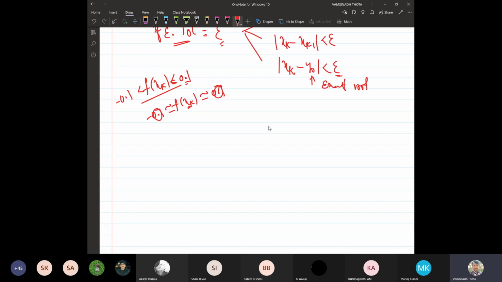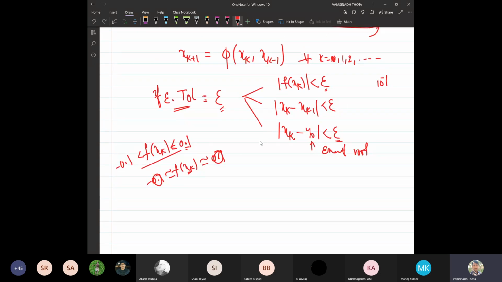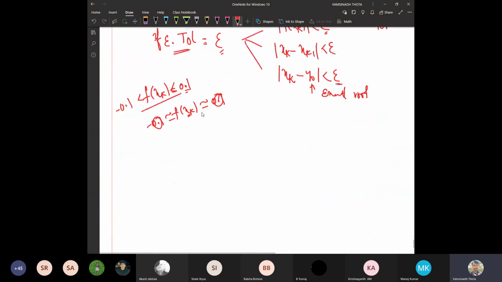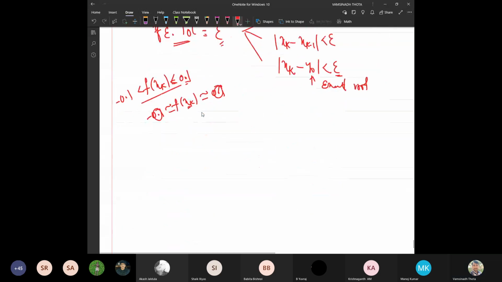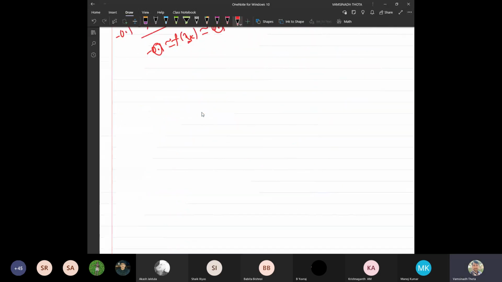But suppose it converges, it will converge faster than the bisection method. Anyway, that is one thing about this method. Now let me explain one more method, then we will go for the problem.